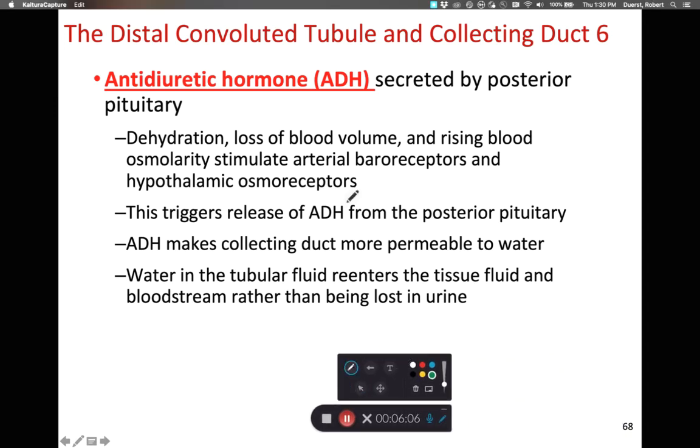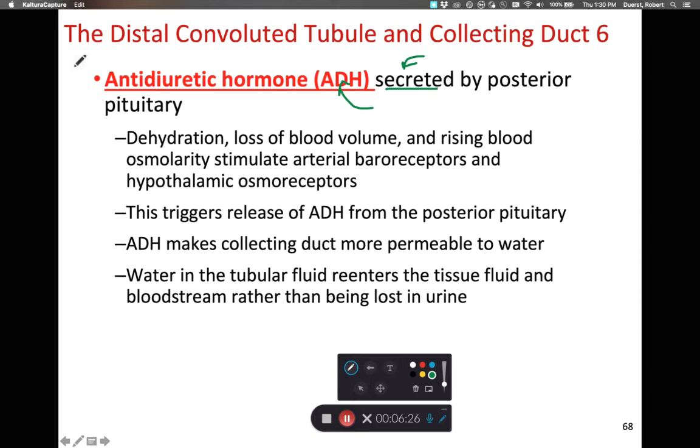Now as we look at ADH, antidiuretic hormone, also known as vasopressin, this is secreted by the posterior pituitary gland. Remember, when we talk about the endocrine system, the hypothalamus produces ADH, and then the ADH is stored in the posterior pituitary until it's needed, and it'll be released from the posterior pituitary.